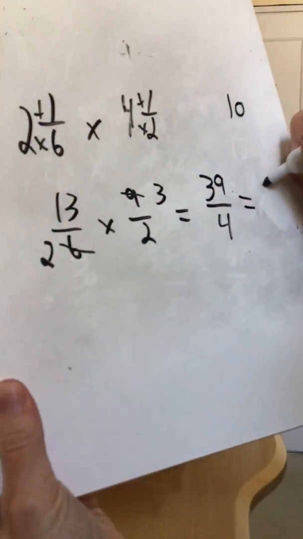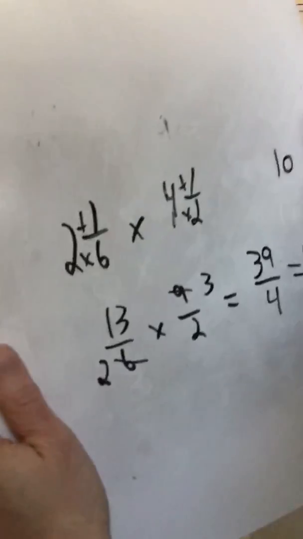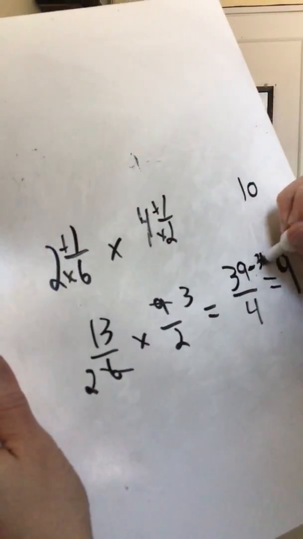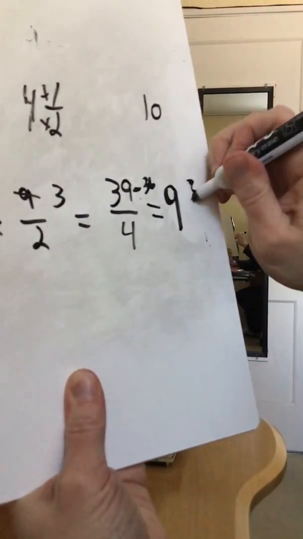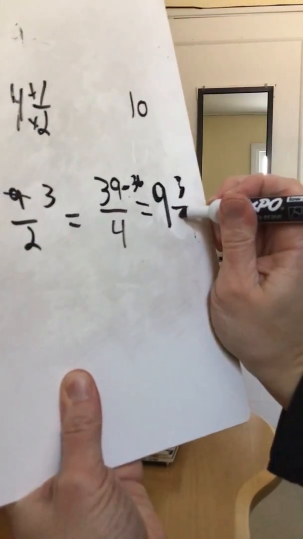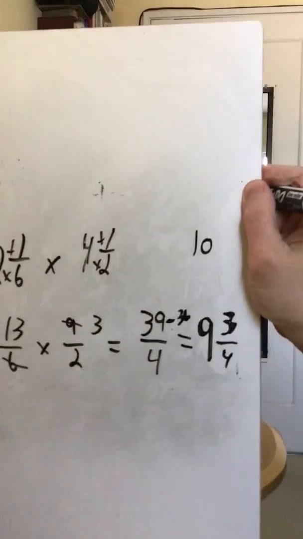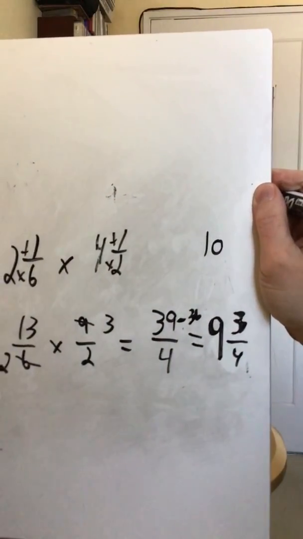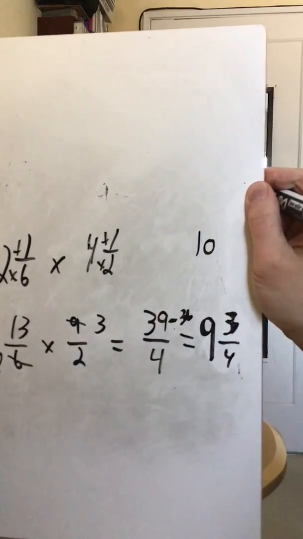Yep, that's 9. 9 times 4 is 36, so once I subtract my 36 here, that leaves me with 3 over 4. That's a terrible looking 3 I got there, but that's what happens. Yep, 9 3/4, and look at that, it meets up with our estimate right there.